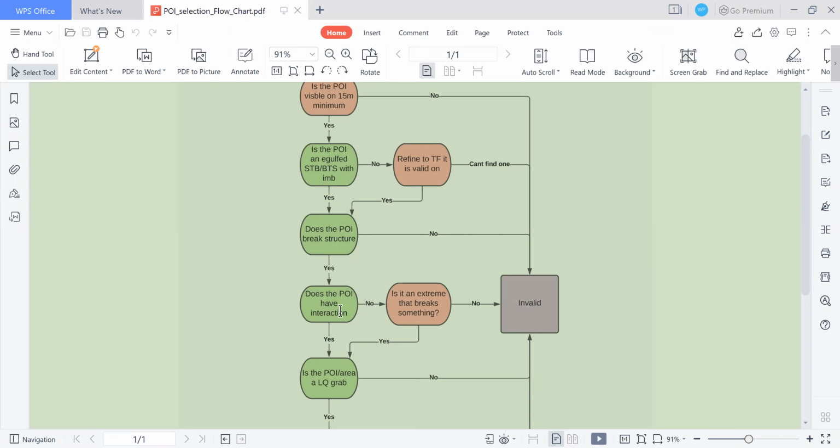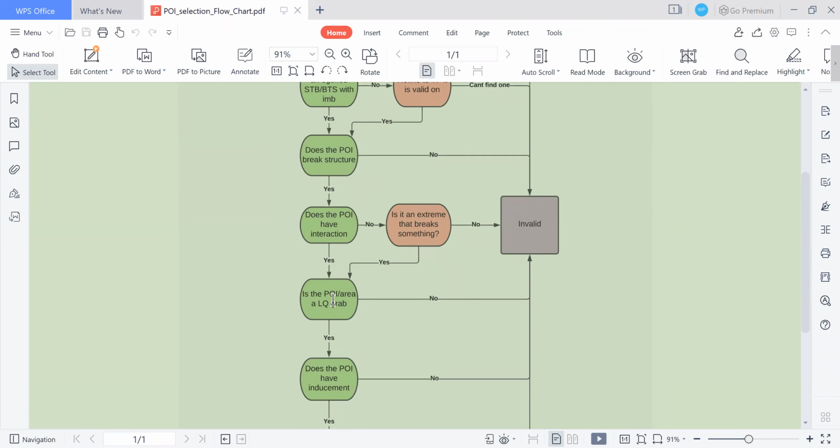Now, if it does not have an interaction, but it gives an extreme, like the impulse is huge that it breaks something, then you can still use it. Don't worry, I will explain everything unit by unit. Now, if both of these never happened, then the POI is invalid.